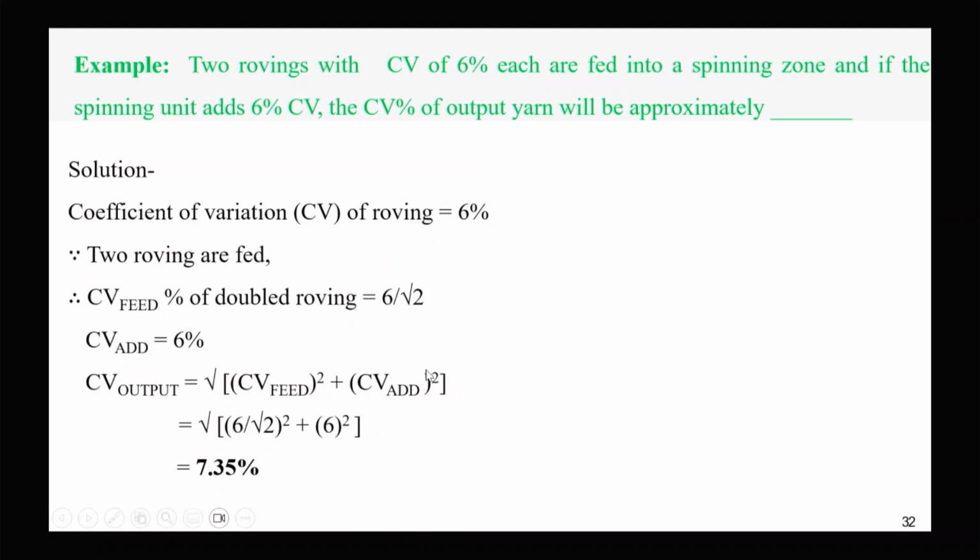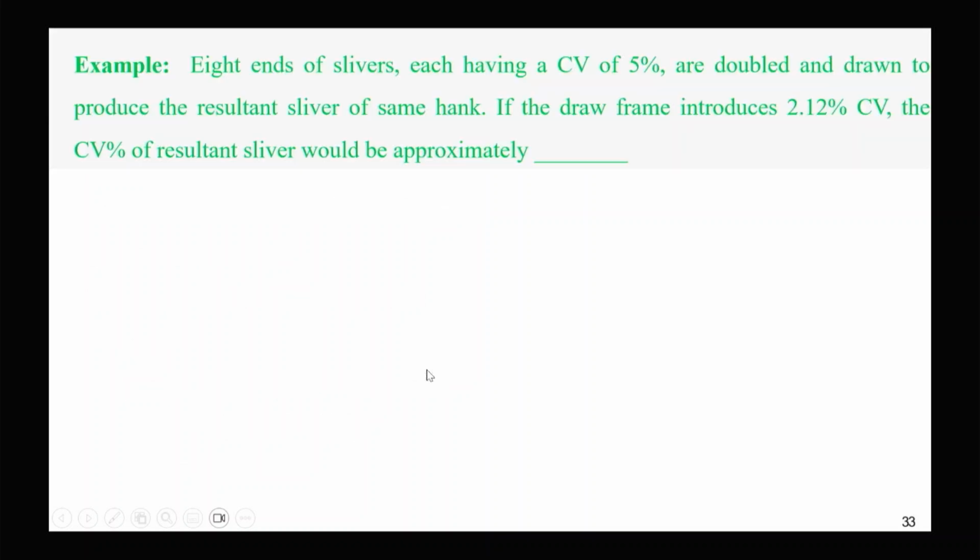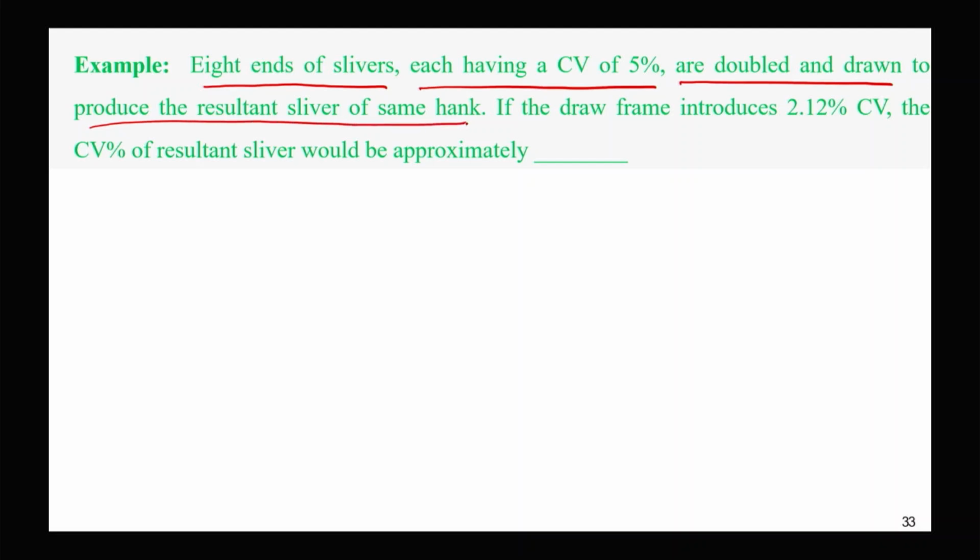The next numerical is that 8 ends of slivers, each having CV% of 5%, are doubled and drawn to produce a resultant sliver of the same hank.